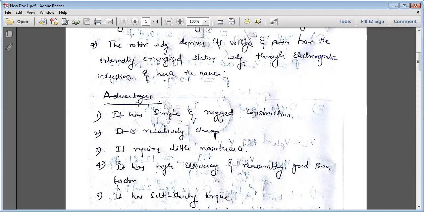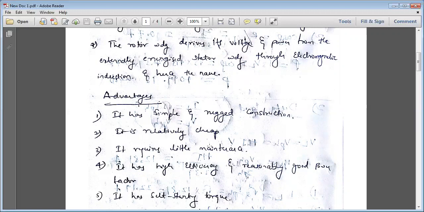Rugged construction means very strong, very rigid, or indestructible in the sense. So that construction is very strong. That is one of the very big advantages of the three-phase induction motor.